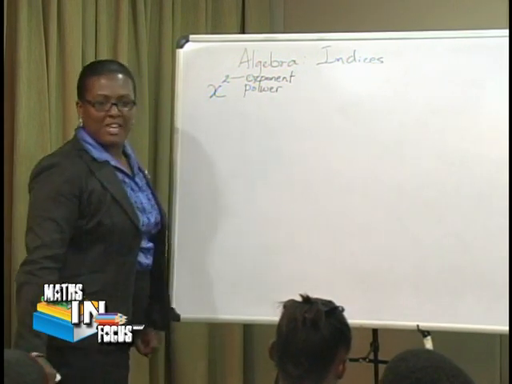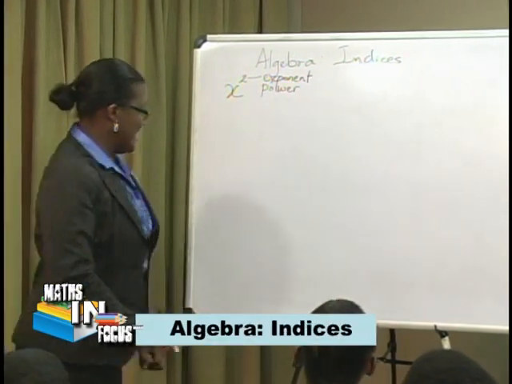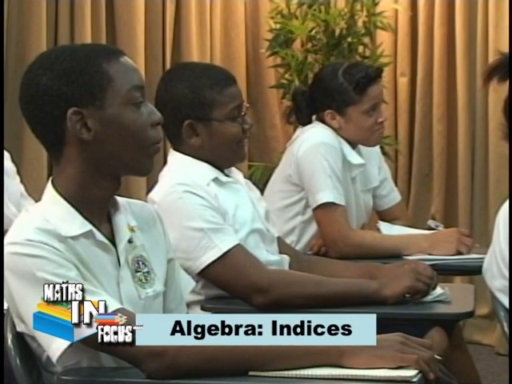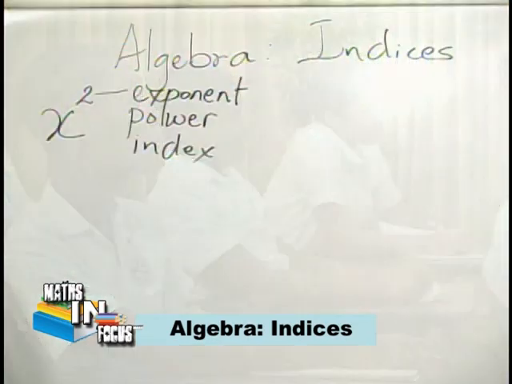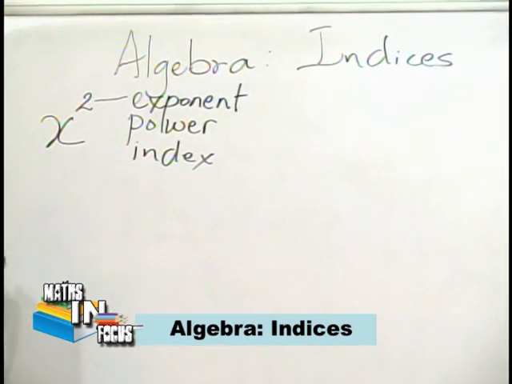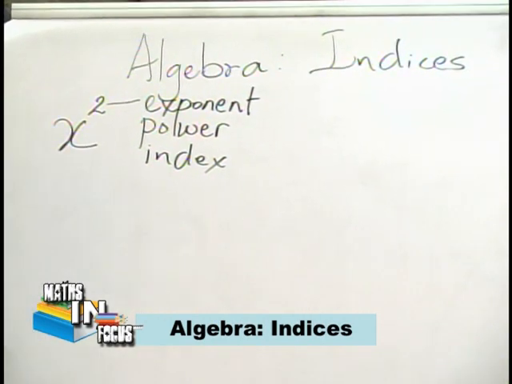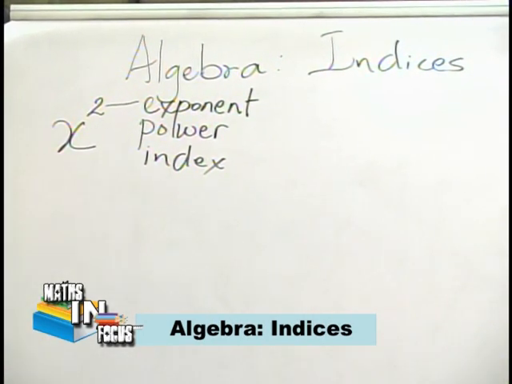And there is one other name we can give to the 2: index. I have some brilliant students here. So the 2 can be referred to as the exponent or the power or the index.